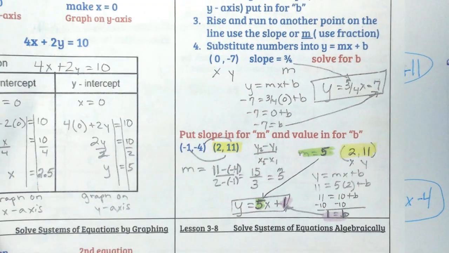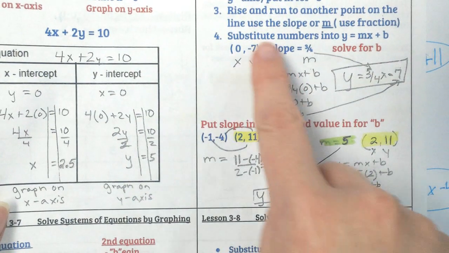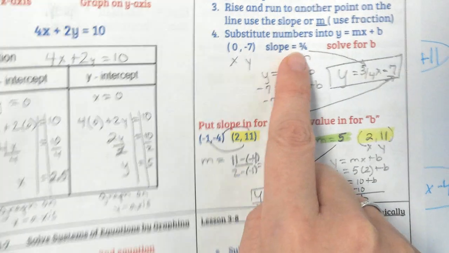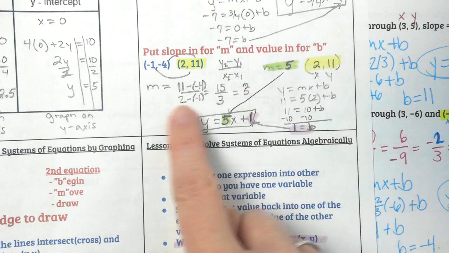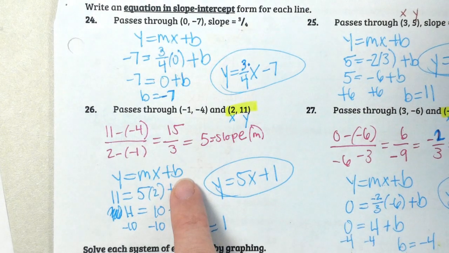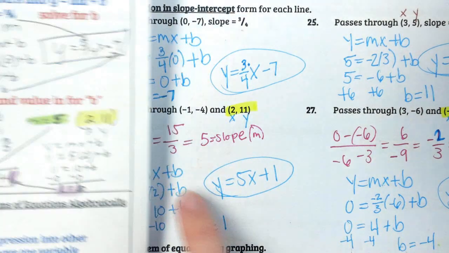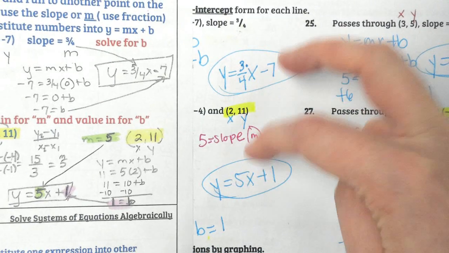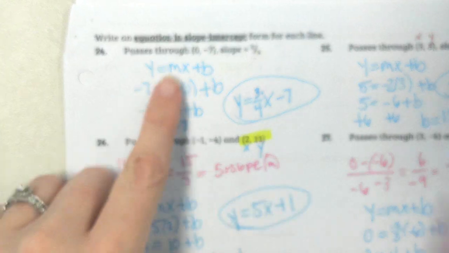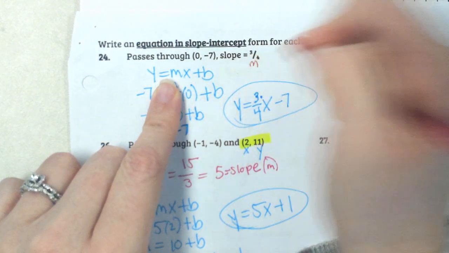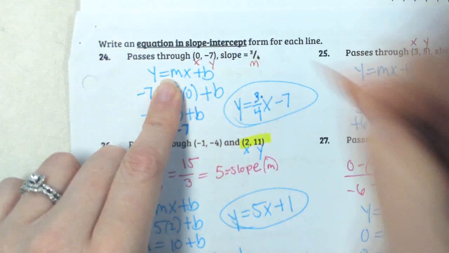Okay? If you actually paid attention, did you notice that this example was the exact one I asked you to do? And this example here was the exact one I asked you to do? If you use the help page, you didn't even have to do any work for it. They were right there. Okay? So when you look at this, it's a matter of knowing this is m, this is x, this is y.